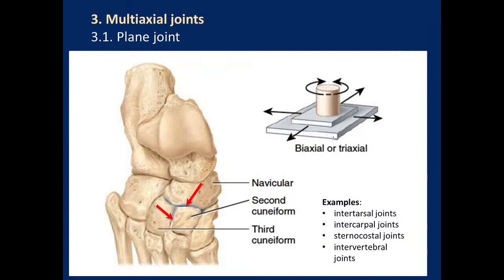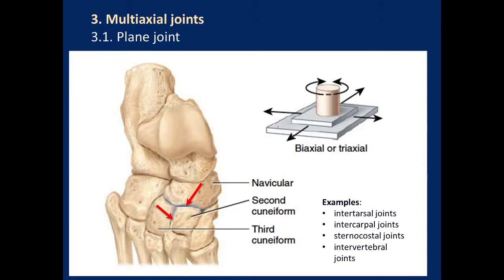Coming to the multiaxial joints, we distinguish plane joints in this group. As you see, these are flat surfaces which have the largest portion of movement around different axes.